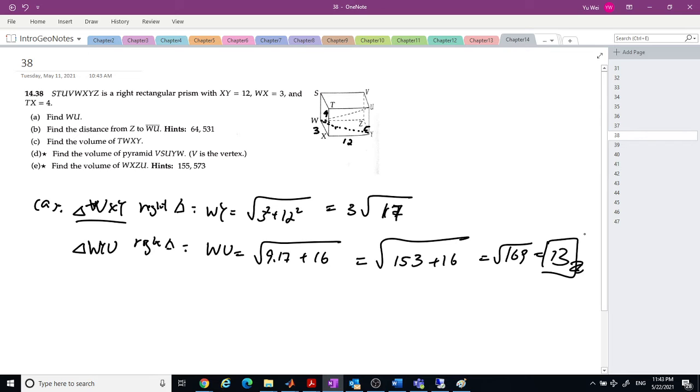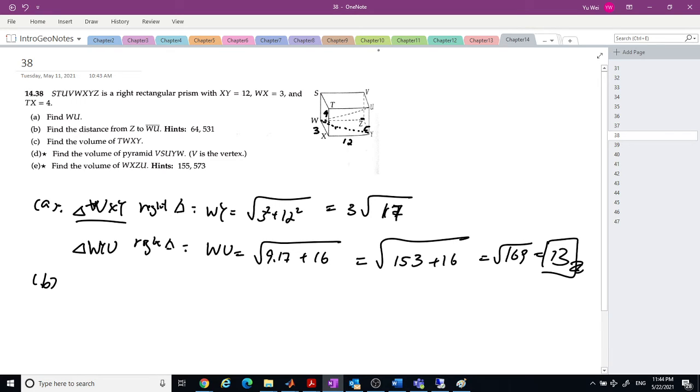Okay, so now let's solve part B. Find the distance from Z to WU. Find the distance from Z to the WU.